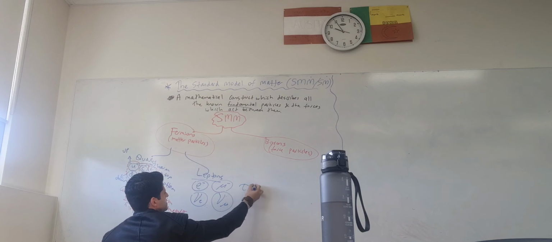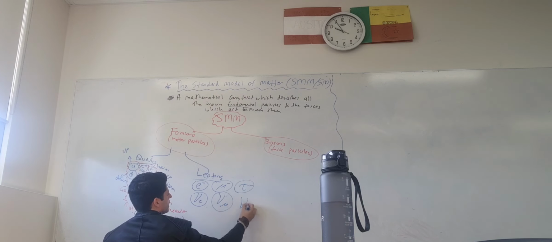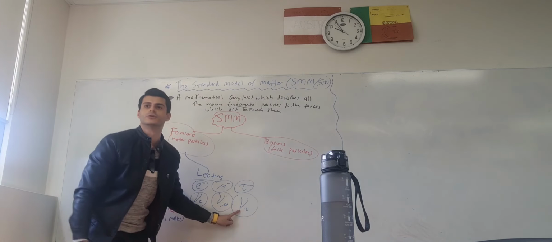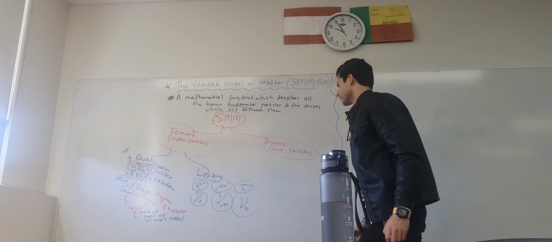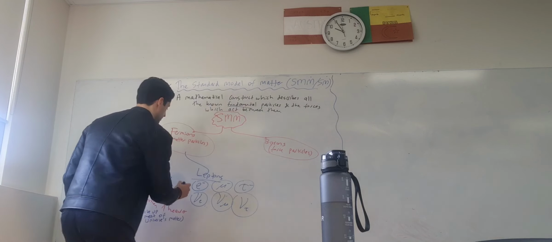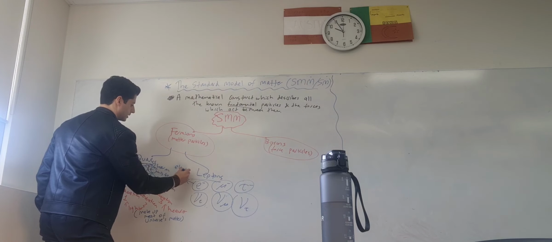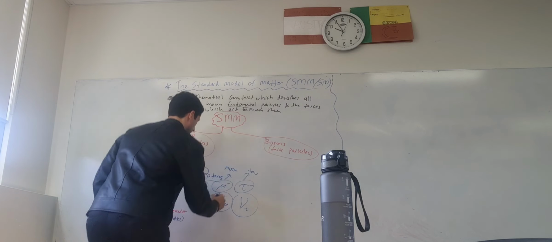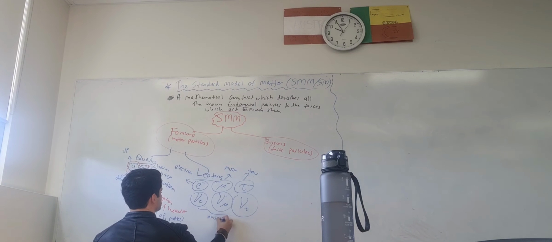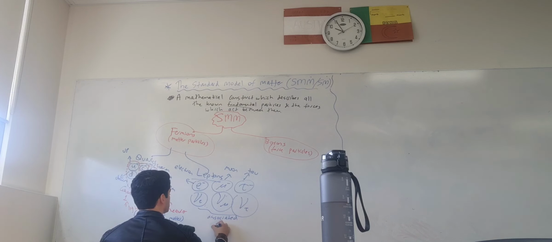Correct. Okay, this curly symbol, that's a new Greek symbol. So there's 3 neutrinos associated with the leptons: electron, muon, and tau. Electron, muon, tau, and these are their associated neutrinos. They're like partners. They come with each of these 3.